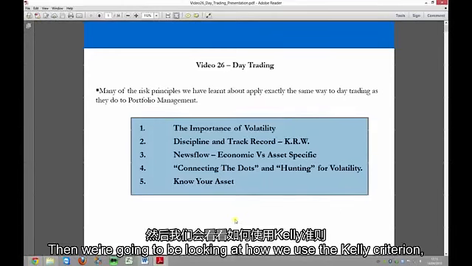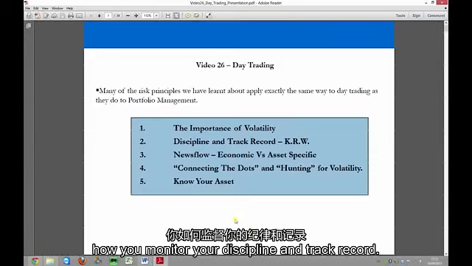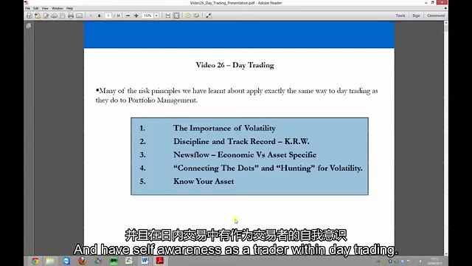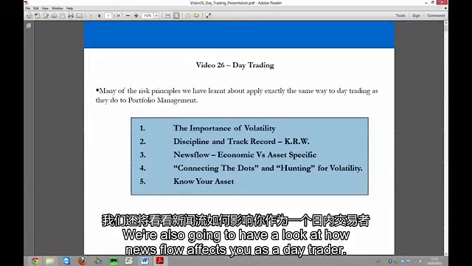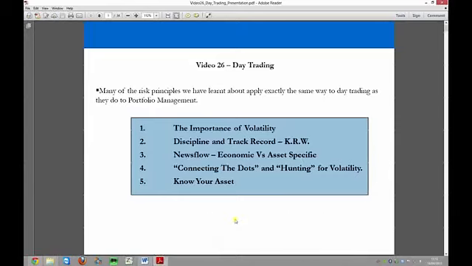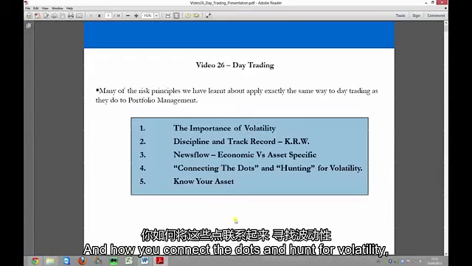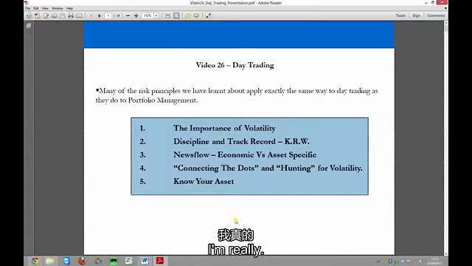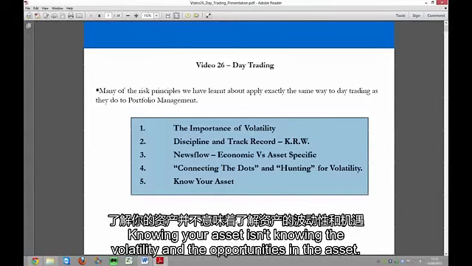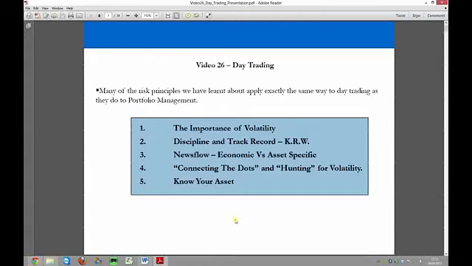Then we're going to look at how we use the Kelly criterion, how you monitor your discipline and track record, and have self-awareness as a trader within day trading. We're also going to look at how news flow affects you as a day trader, how you connect the dots and hunt for volatility, and how you know your asset. And really, knowing your asset is knowing the volatility and the opportunities in that asset.